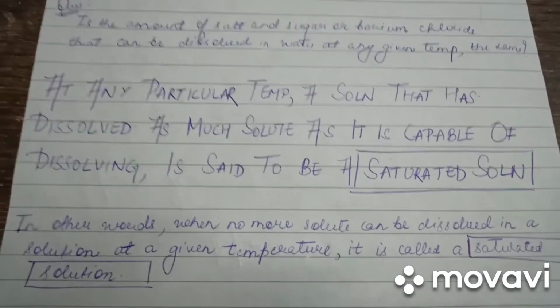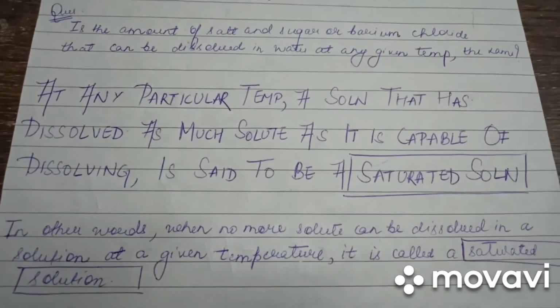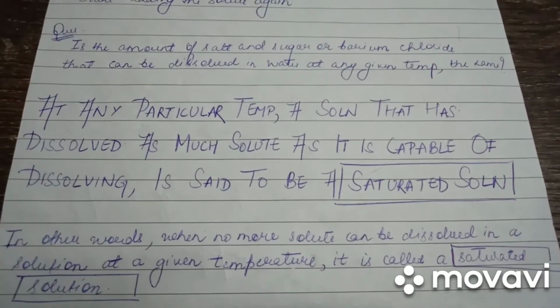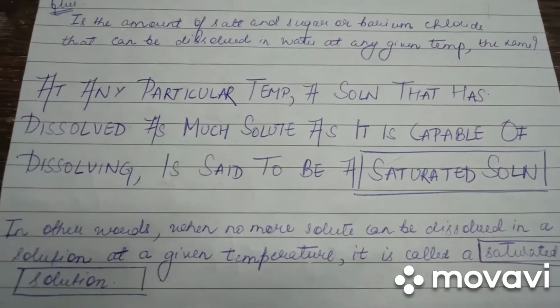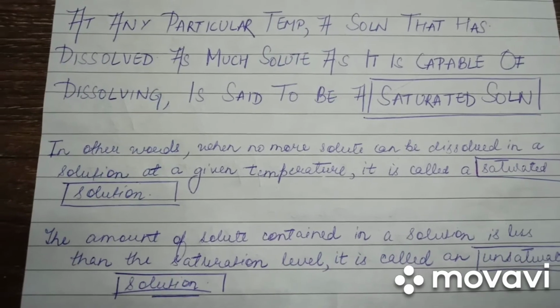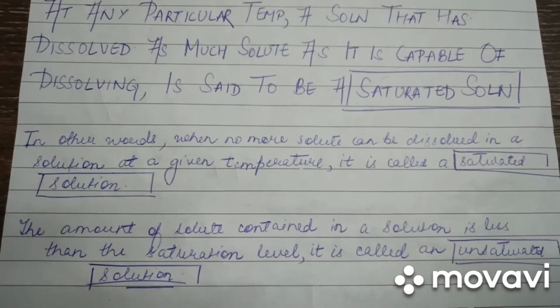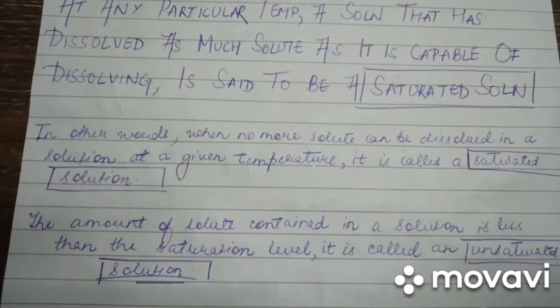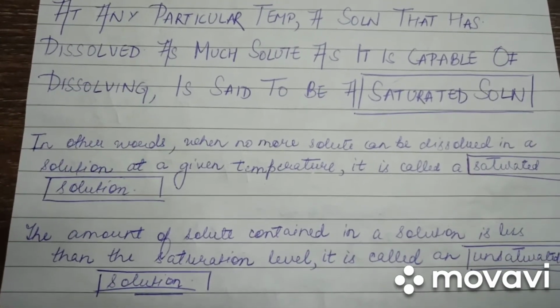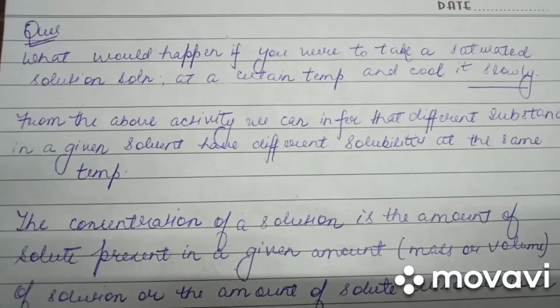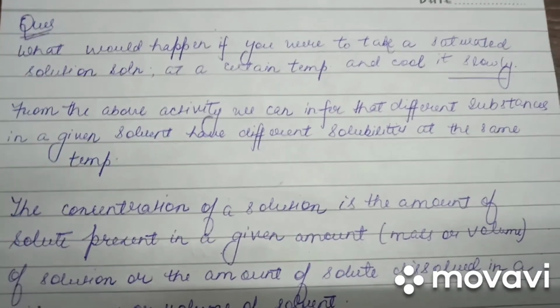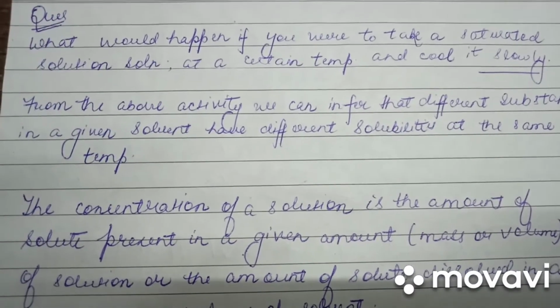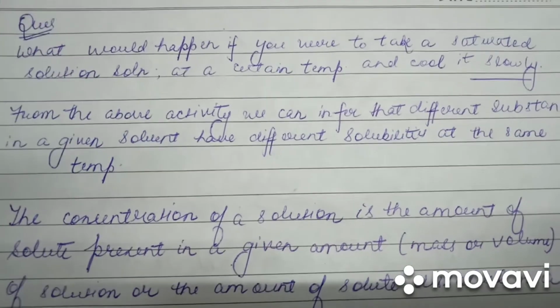In other words, when no more solute can be dissolved in a solution, it is called a saturated solution. When the amount of solute contained in a solution is less than the saturation level, it is called an unsaturated solution. Let us now discuss what would happen if we were to take a saturated solution at a certain temperature and cool it slowly.